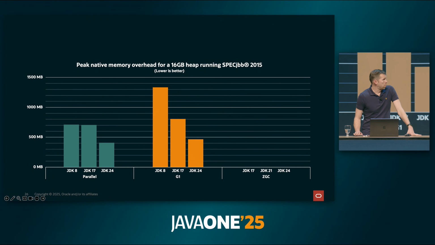Looking at the G1 numbers, we see even better reductions. I think going from 8 to 24, we've cut away the usage down to only like a third of the usage in JDK 8. And this was something that we heard a lot about in the JDK 8 timeframe for people using G1, that the native memory usage was way too high.